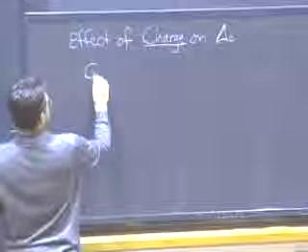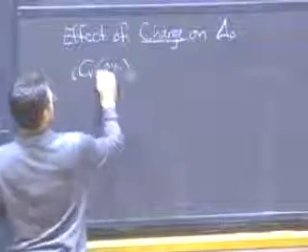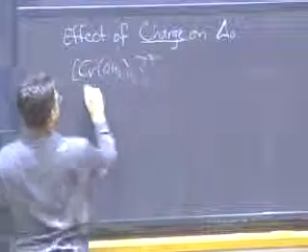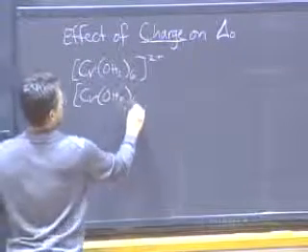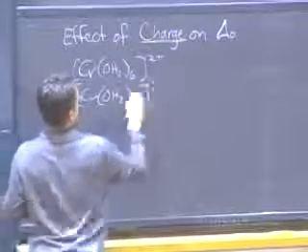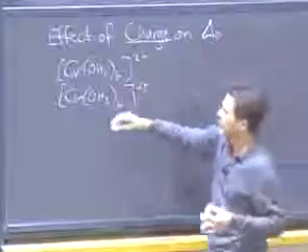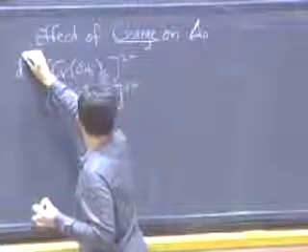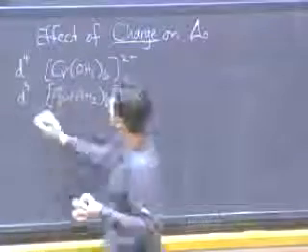So we can look at, for example, chromium hexaaquo 2+ versus chromium hexaaquo 3+. The first is a D4 ion, and the second is a D3 ion.